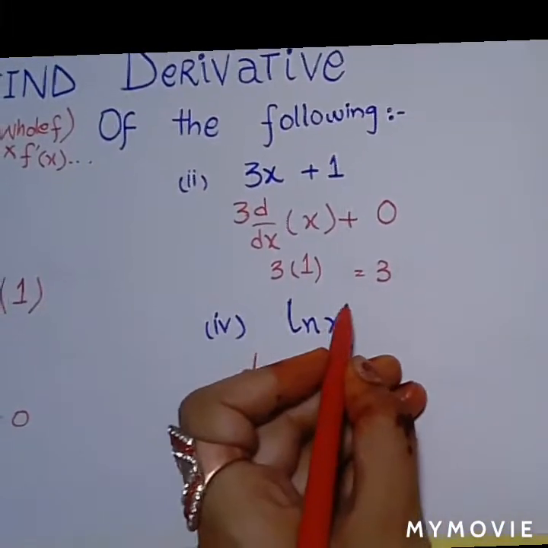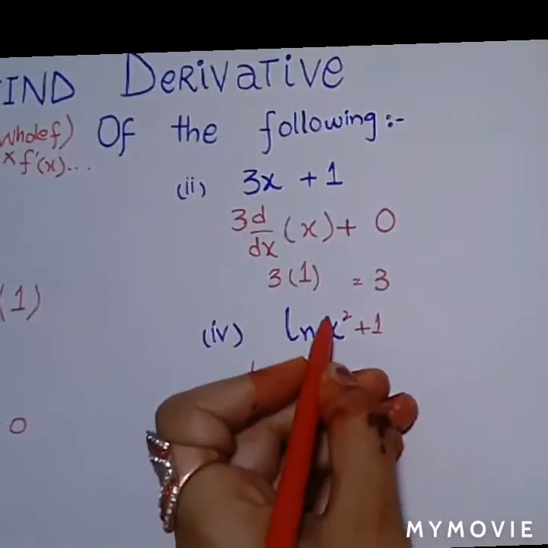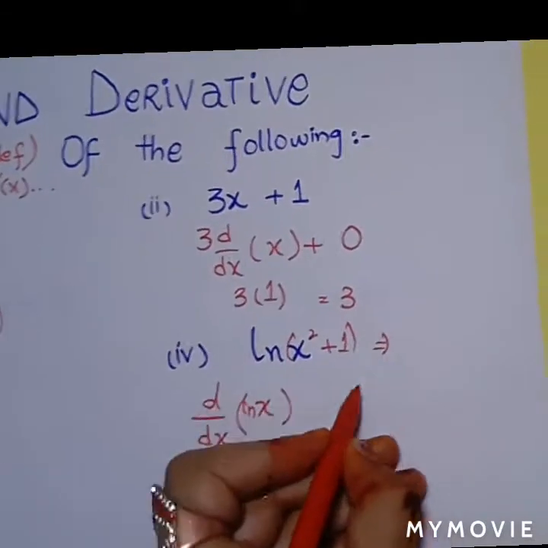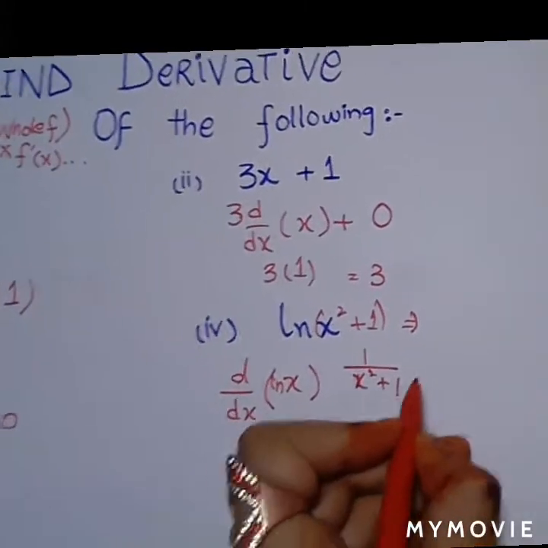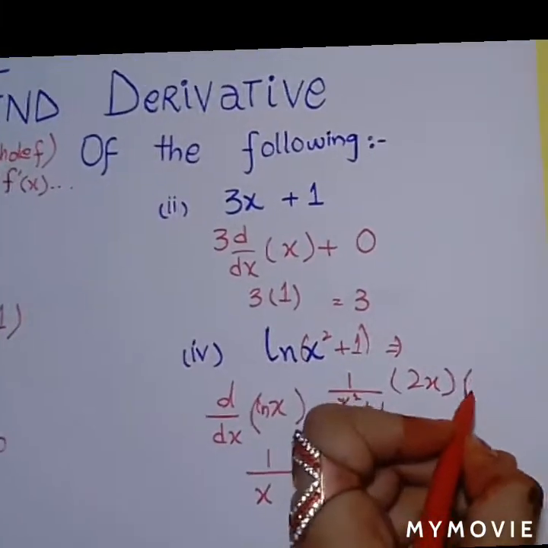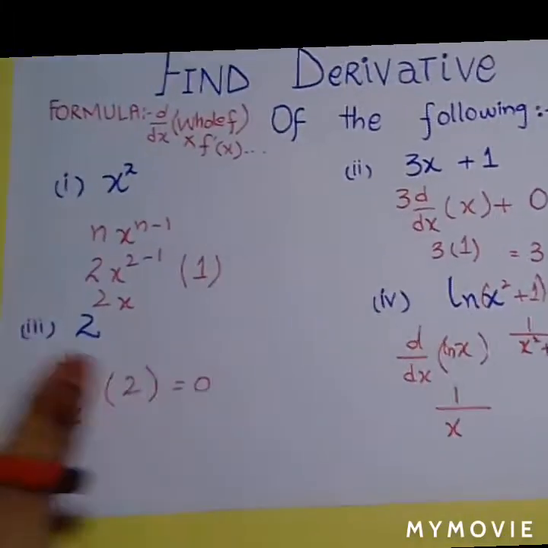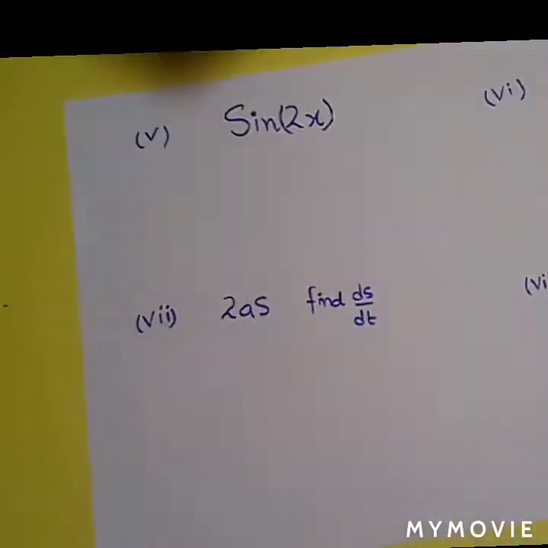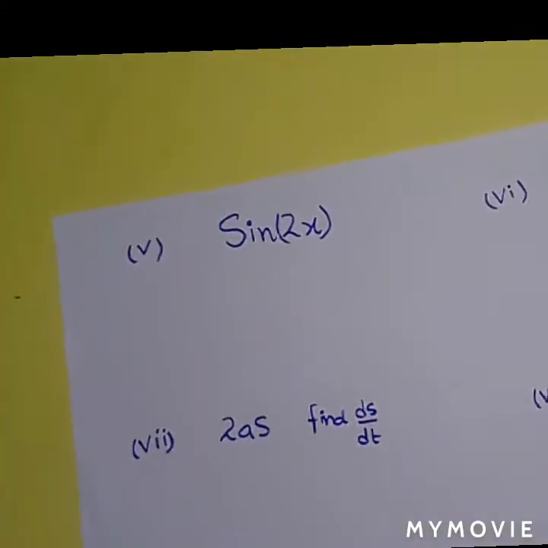Let's suppose I had ln of x square plus 1, then my derivative will be 1 over x square plus 1 and 2x, its inner derivative.